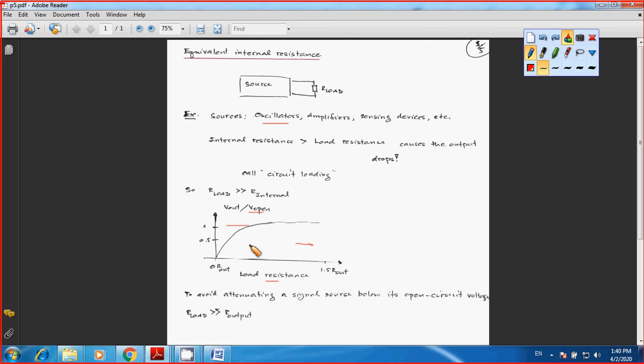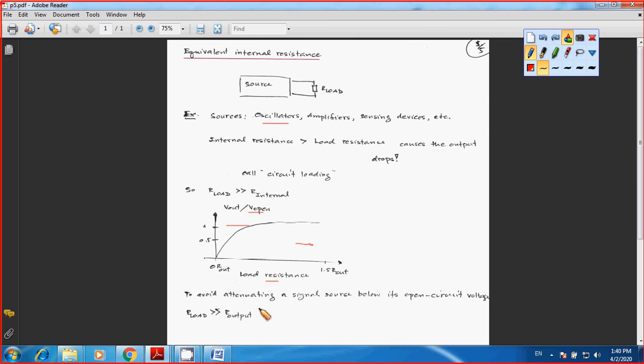But when your load resistance is lower, the ratio tends to be a fraction of 1, so that means it's less than 1. That's not good, because this implies that your output voltage drops a lot when the load resistor is connected to the circuit.